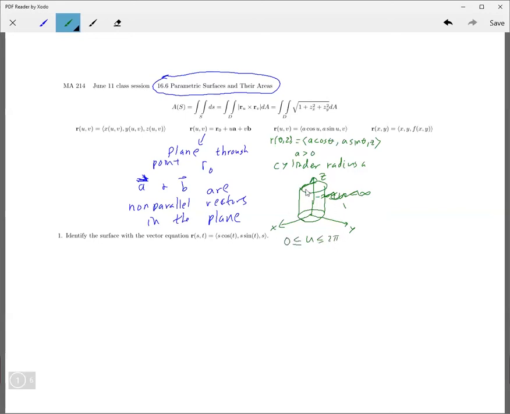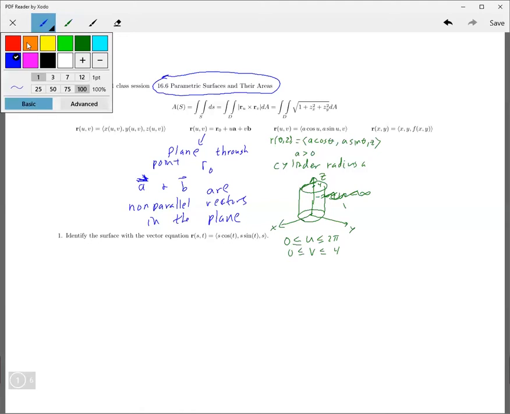Okay, that would go all the way around the circle. And then if you said, let's let v go from 0 to 4, for example, then this would be just this part of the cylinder. It's going from 0 to 4. But you could also make it go from negative infinity to infinity. Okay, so again, there are parameterizations that you put on it as well.